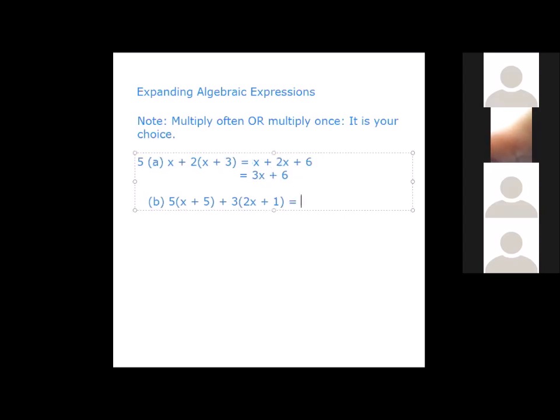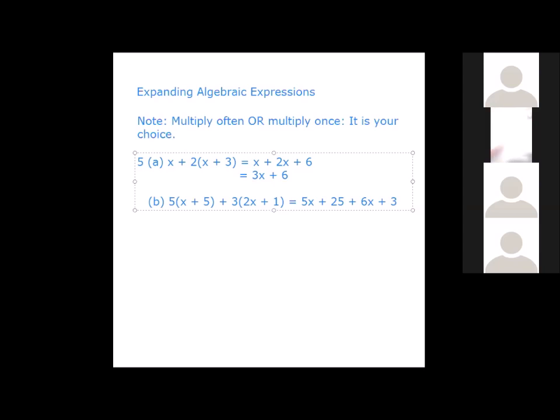Ella, you ready? 5 parenthesis x plus 5. How much is it? 5x plus 25, ma'am. That's correct. 5x plus 25. Now we will add the expanded form of your expression, Han. 6x plus 3. You got it right. Now, let us combine both your answers.